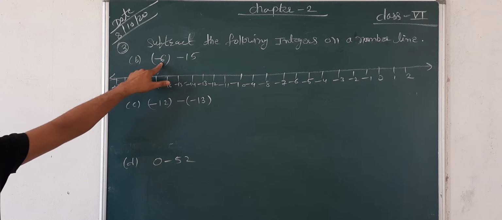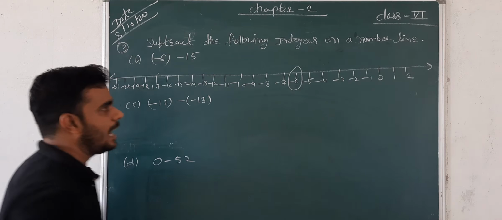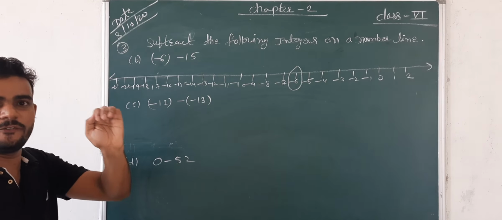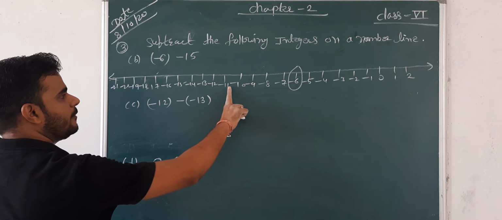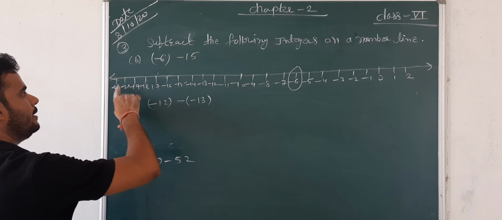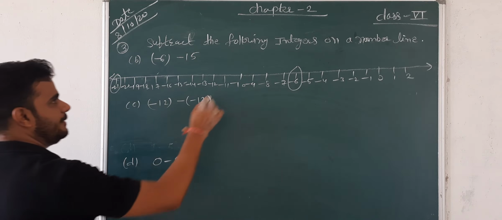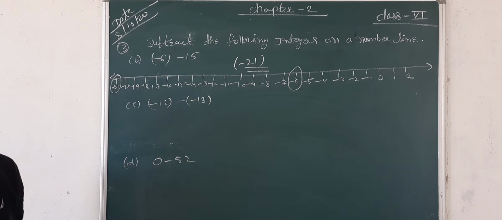Okay, so the first number is negative 6, so we are here on negative 6. Afterwards the second symbol is also negative, so we will move to the left-hand side. And how much? 15. So 1, 2, 3, 4, 5, 6, 7, 8, 9, 10, 11, 12, 13, 14 and 15. It means negative 21. So our answer is negative 21. This is the way to solve this type of question.